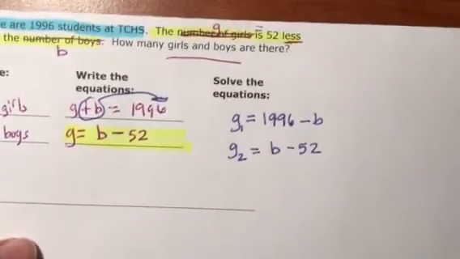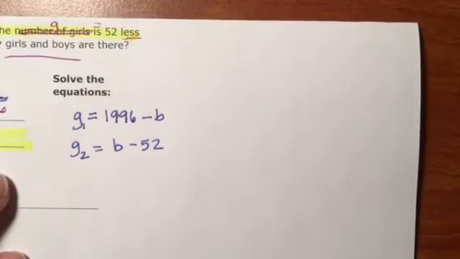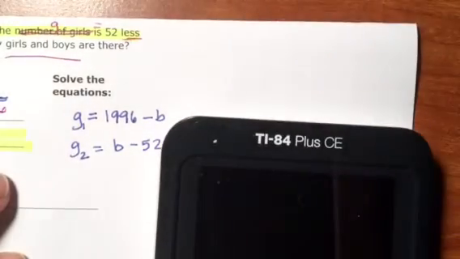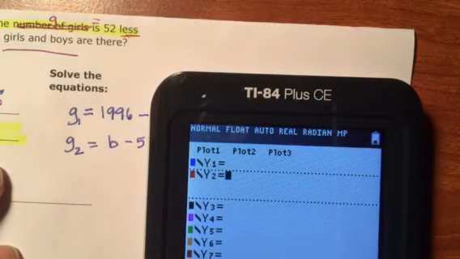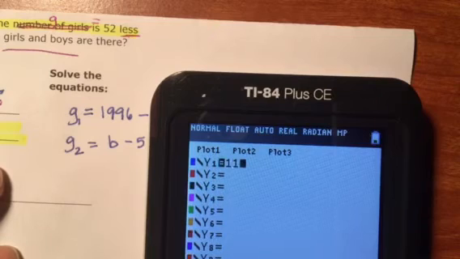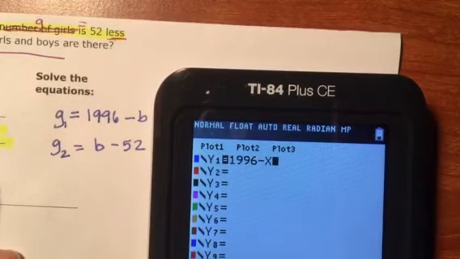Oh, sorry guys. Okay, so now we're going to put this in the calculator. I'll put 197 in Y1. Remember, you cannot put B in there, so you have to put X. Then Y2 is going to be X minus 52.